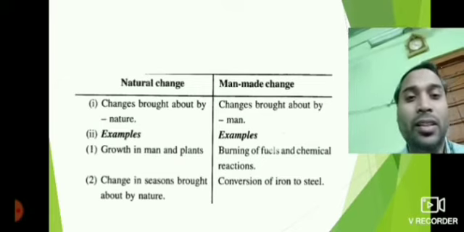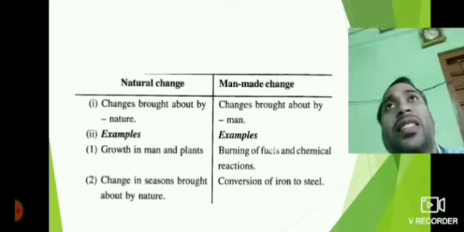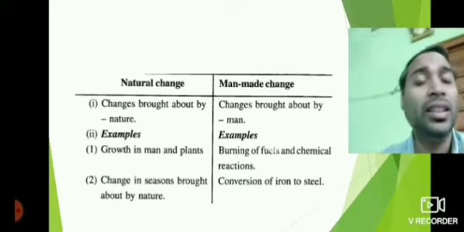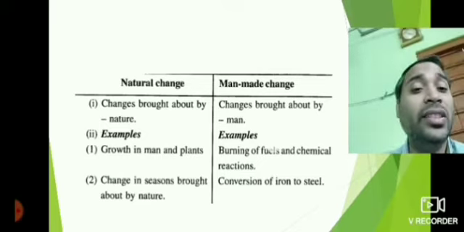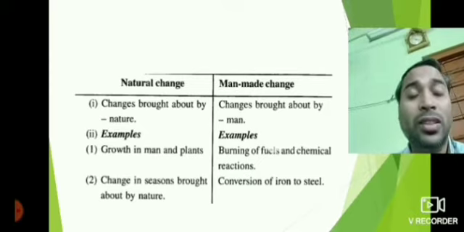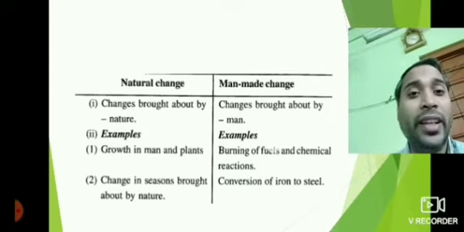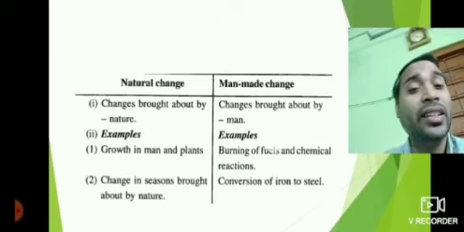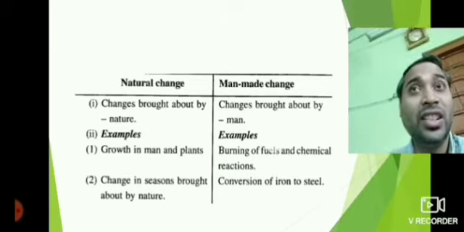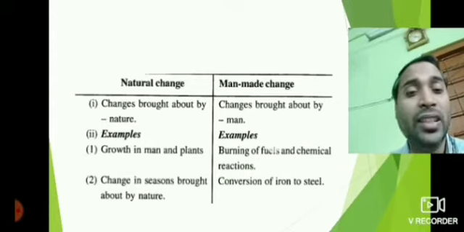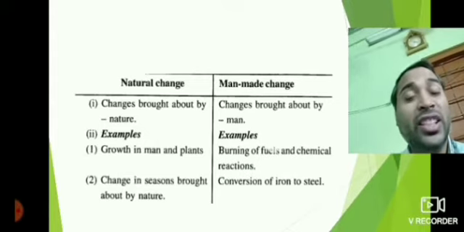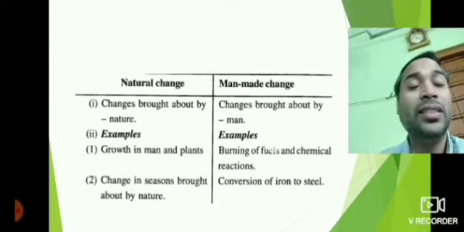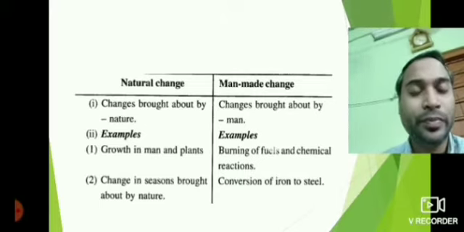The earth in its orbit changes from one position to another, bringing about changes in season. So I gave the example of the earth moving around the sun as what type of change, natural change. Why? Because it changes its position naturally and by itself. But due to that change in position, what else happens? The change in season occurs.